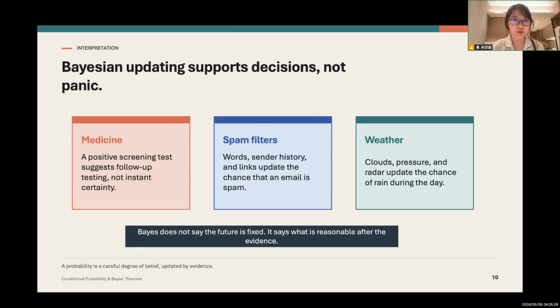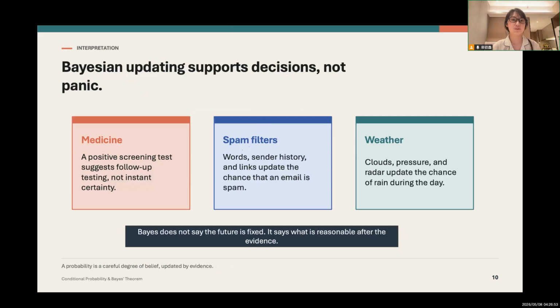In medicine, a screening result can suggest whether follow-up testing is needed. In spam filters, certain words, links, and sender behavior update the chance that an email is spam. Or in weather forecasting, clouds, pressure, and the radar update the chance of rain.